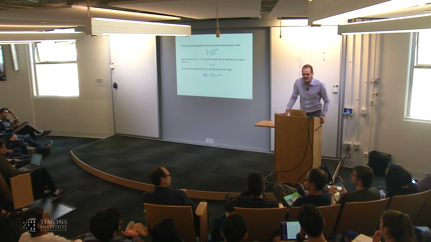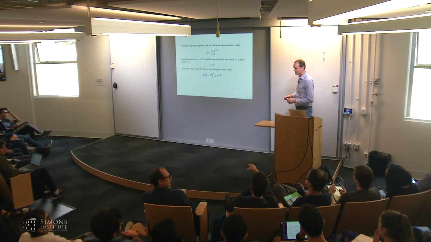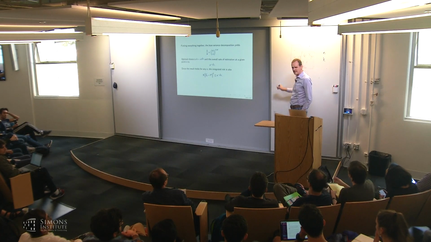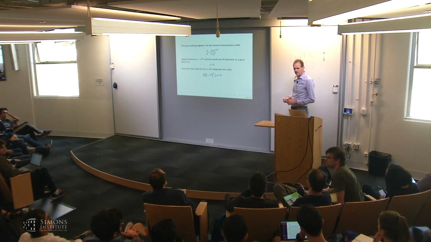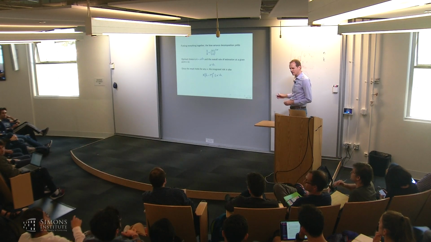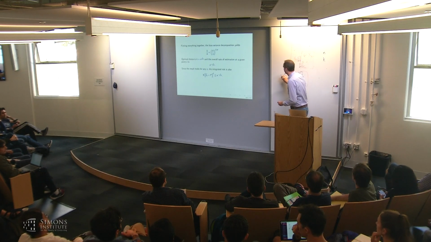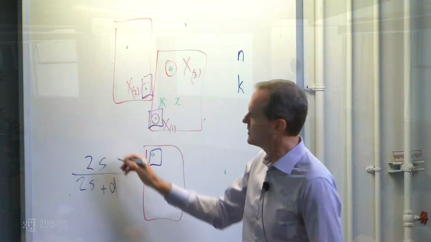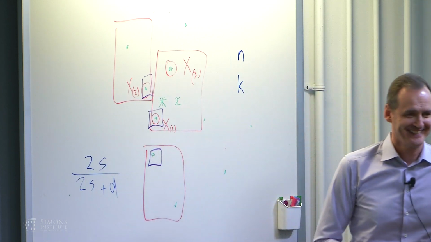Maybe Sasha, do you remember the couple of sort of results? It's n to the minus 2s over 2s plus d, and we had s equals 1. Thank you. All right.